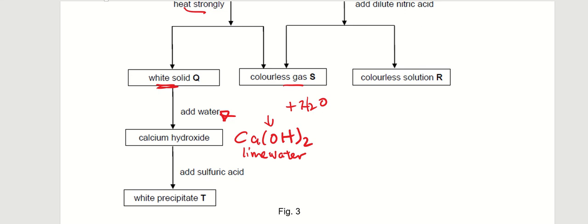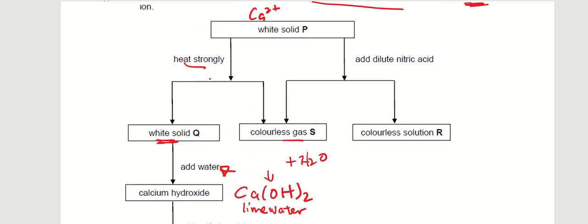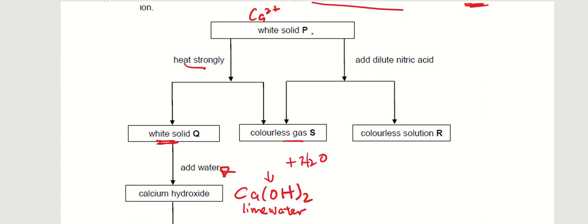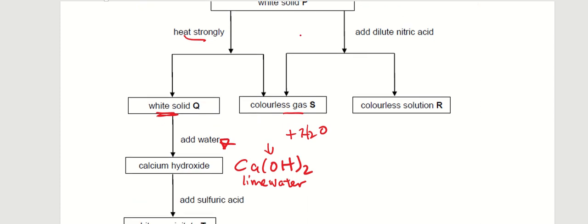This white solid was obtained by heating the white solid P. So the only possibility here is that Q is actually calcium oxide, because adding calcium oxide to water will give you calcium hydroxide. So this is calcium oxide.